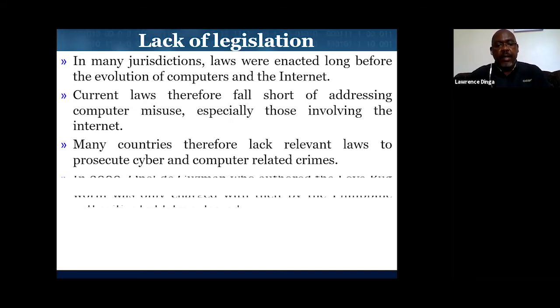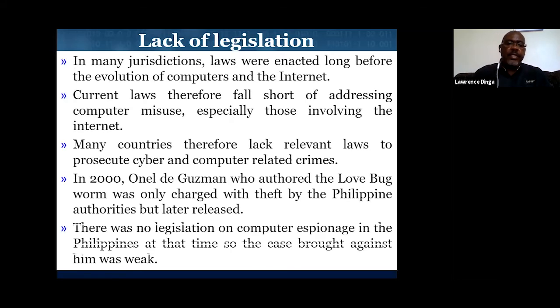Now, lack of legislation. Even though in Kenya we now have the Computer Crime Act in place, you find that in many countries they do not have these legislations. They don't have the proper legislation, because laws were enacted long before the evolution of computers and the internet.